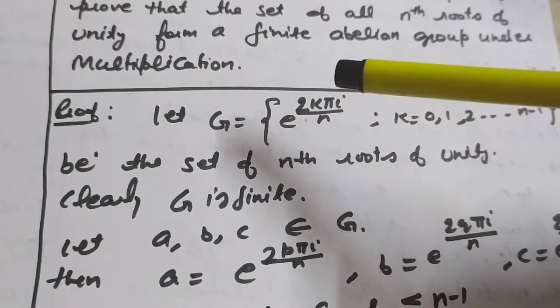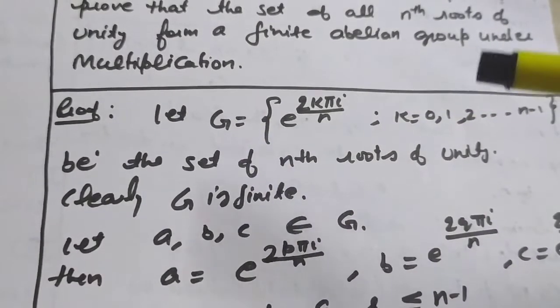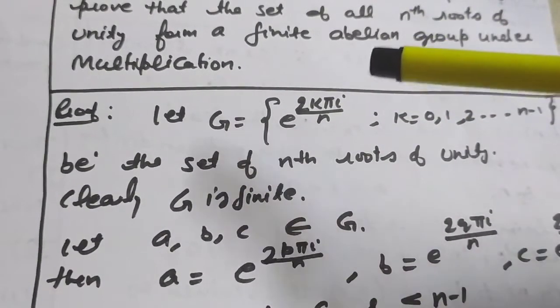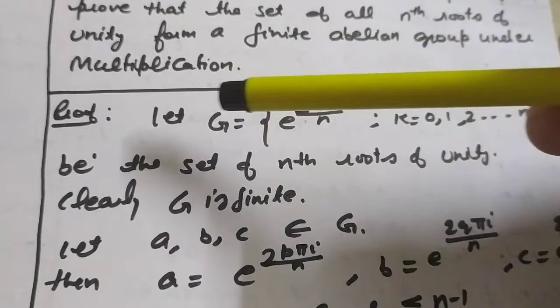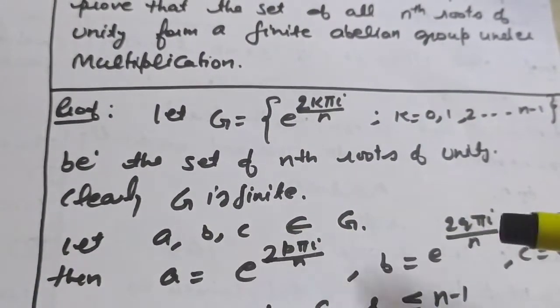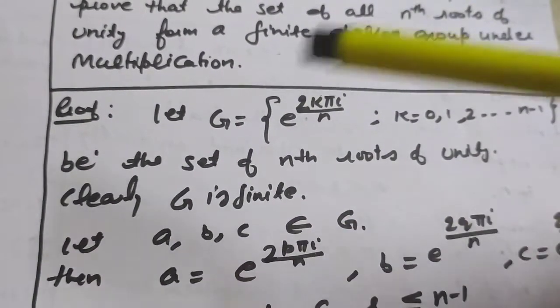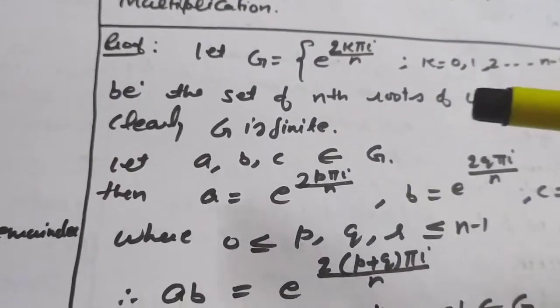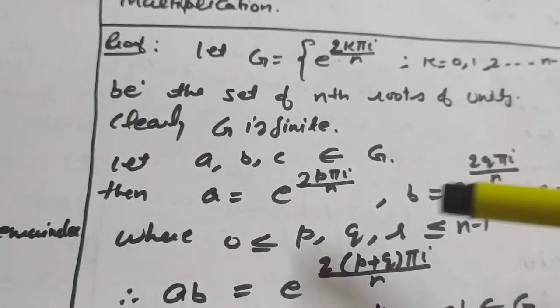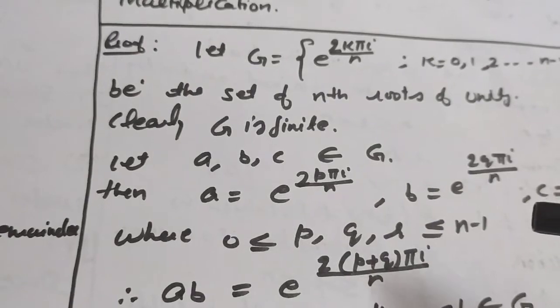Here you can vary k, and when you vary k, you will get the different elements in G. So I have made two elements here, A and B from G, and here p and q both lie between 0 and n minus 1.